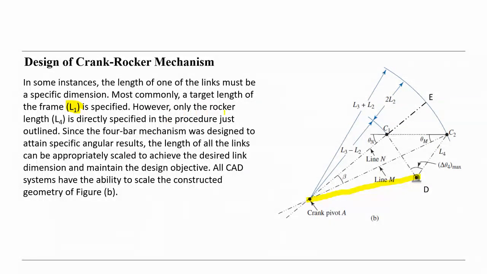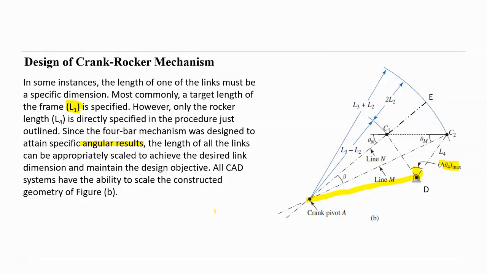However, only the rocker length L4 is directly specified in the procedures just outlined, since the 4-bar mechanism was designed to attain specific angular results. This is the angular result here, delta theta 4 max. The lengths of all the links can be appropriately scaled to achieve the desired link dimensions and maintain the design objectives.